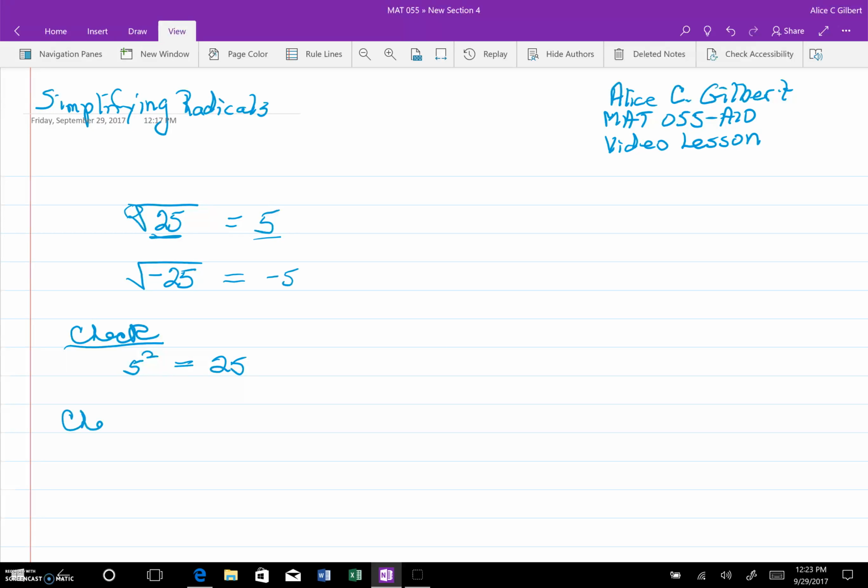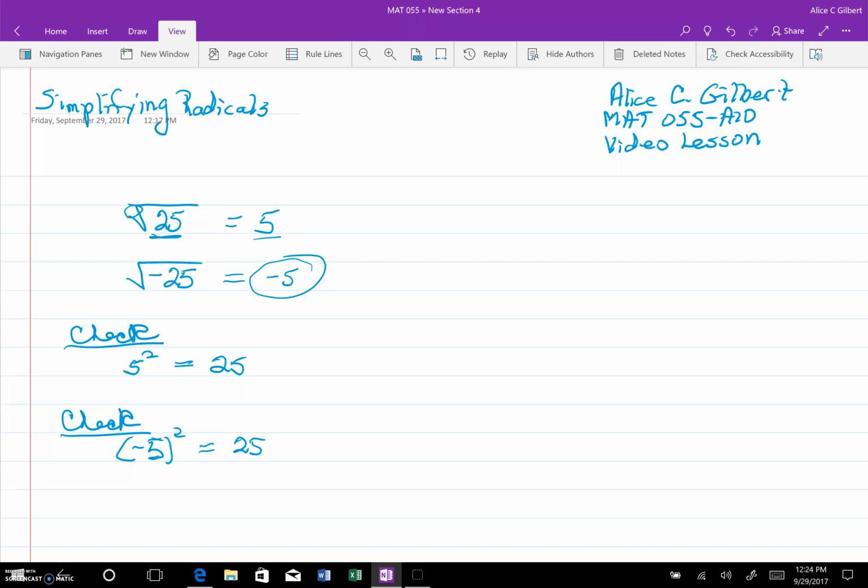Well, let's check that. So negative 5 squared, and it has to be in parentheses, guys, because this whole thing is our answer. Well, what is negative 5 times negative 5? That's 25. So that doesn't come back to our answer.